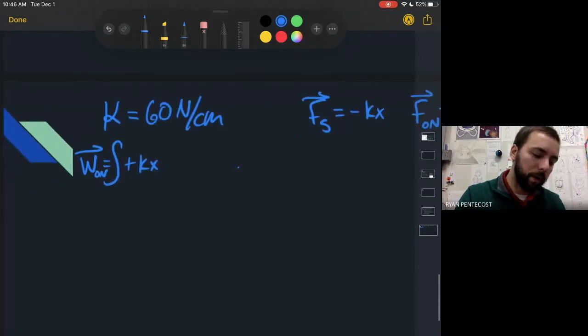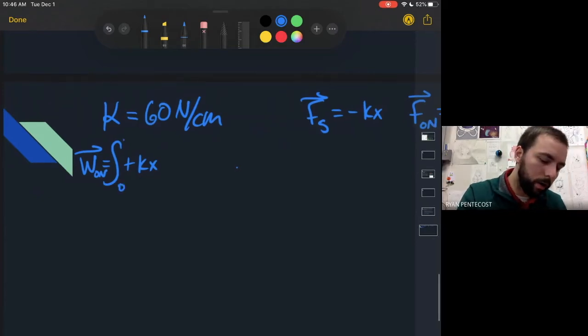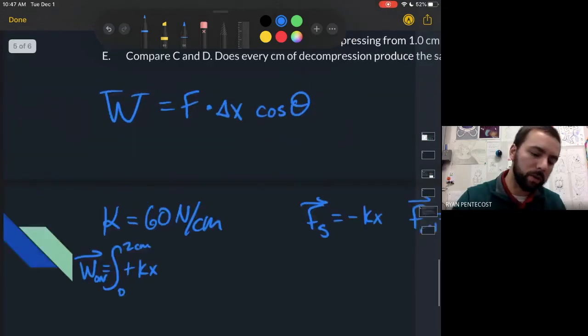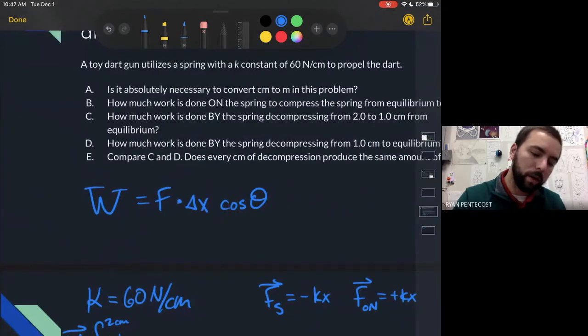Now, as we integrate this, we're integrating from equilibrium to 2 centimeters, and we're compressing it. So that is a negative distance. We won't actually show that negative on our x though, because we're just looking at how much it is being compressed. We don't have to worry about the sign, because all of these are asking about compression.